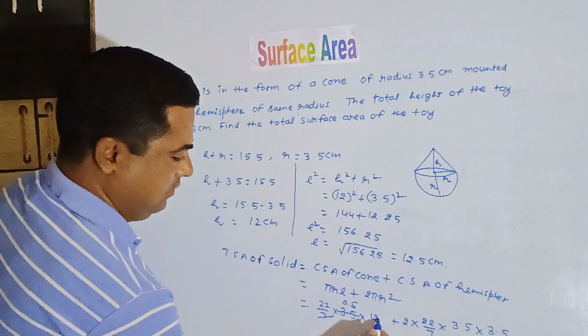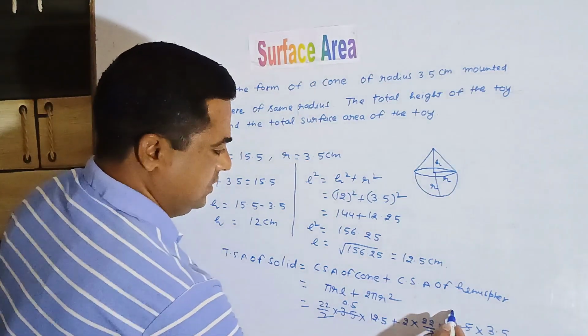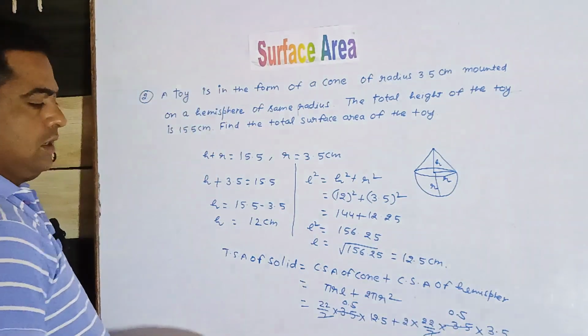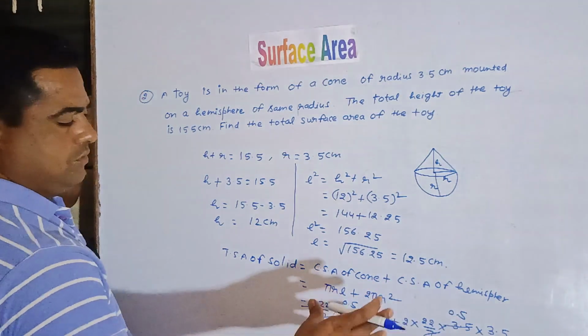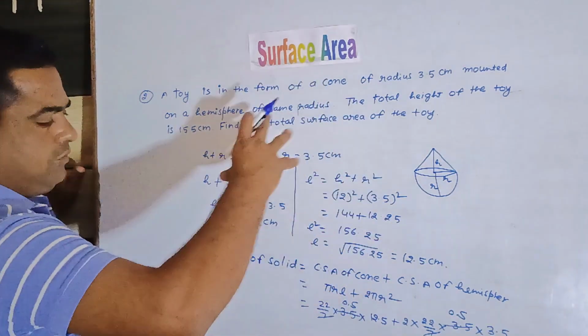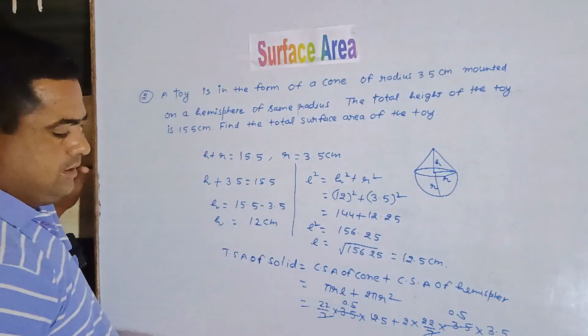This is 12.5 here, 7 5s are 35, correct? Now we will do multiply here. After adding, we will get the total surface area of this solid, correct?